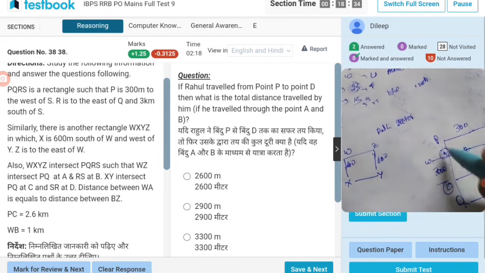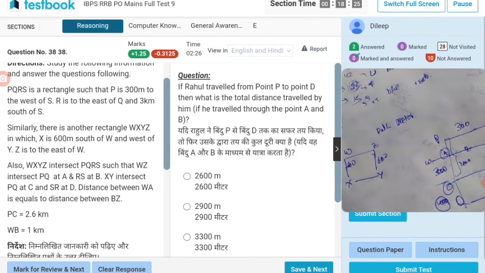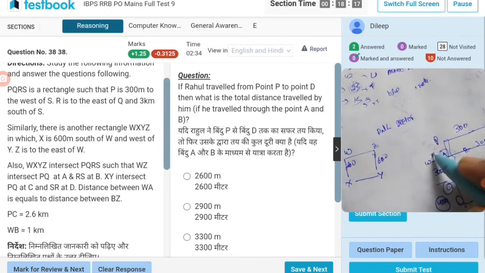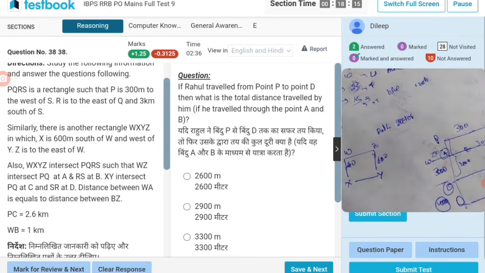So this is 400 and this is 2600. WB is 1 kilometer, 1000. So 300, so 340.